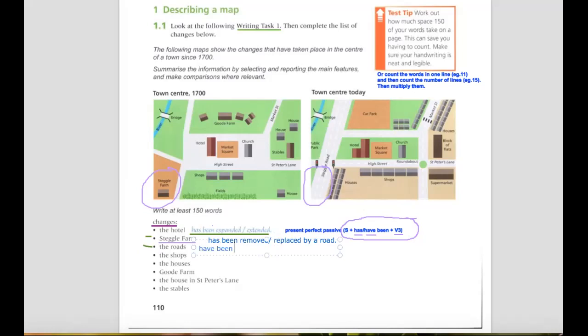Okay, now we want to use an adjective to describe what's happened. They've been made bigger, so we can use the word expanded, like we did with the hotel. So the roads have been expanded. We can also see there's been some changes, like some things have been added here. The traffic lights, the crossing, the round.